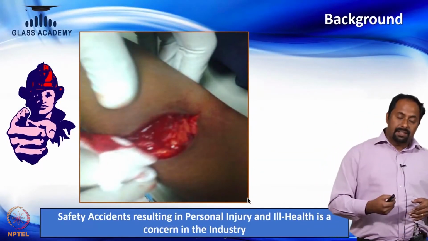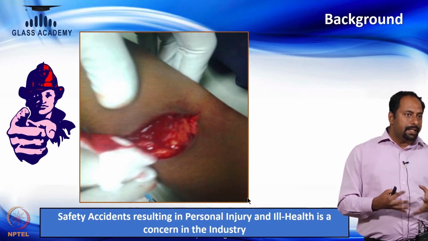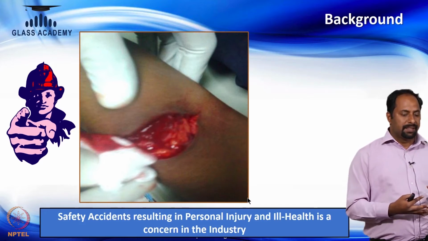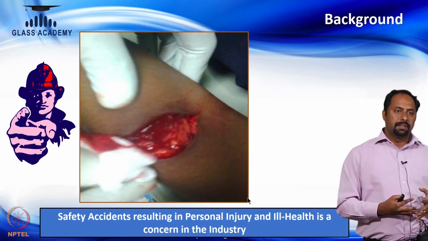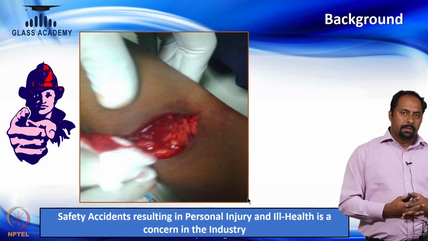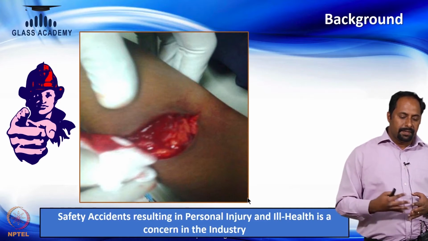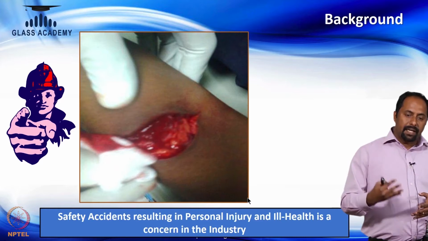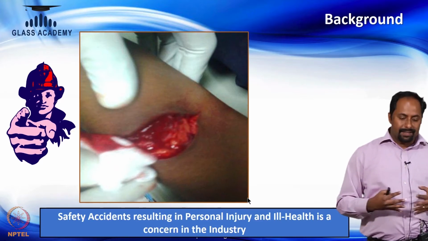Now this picture shows a cut injury, basically when a human body part, hands, legs or whatever it may be, gets exposed to the sharp edges of glass. The cut injury caused by glass is actually very dangerous. It can be a deep cut also, based on the weight and the size of the glass.